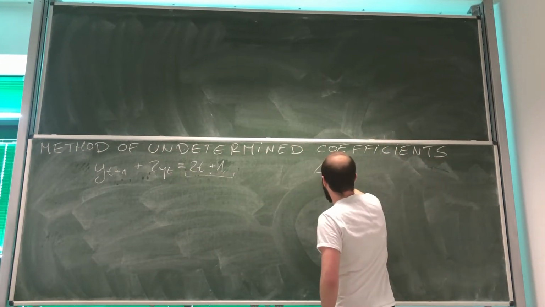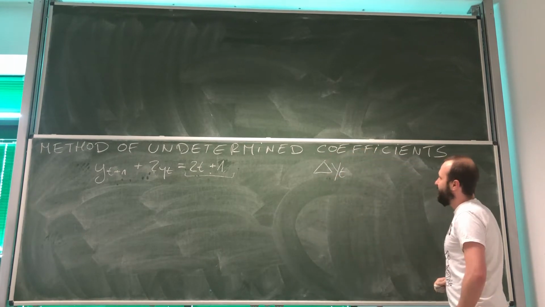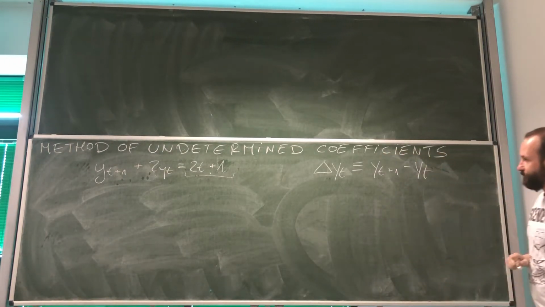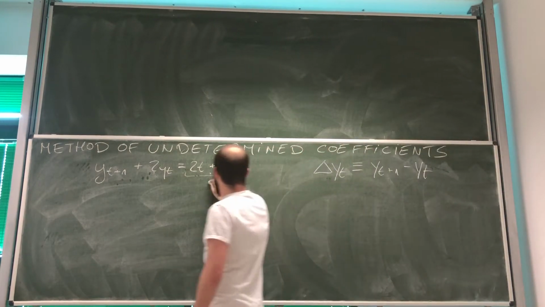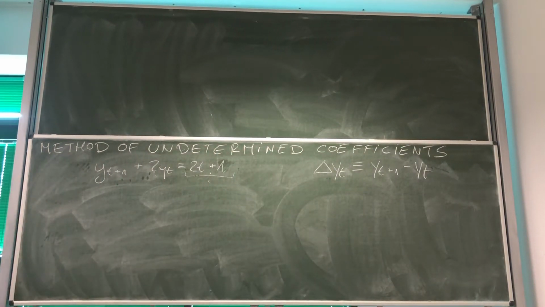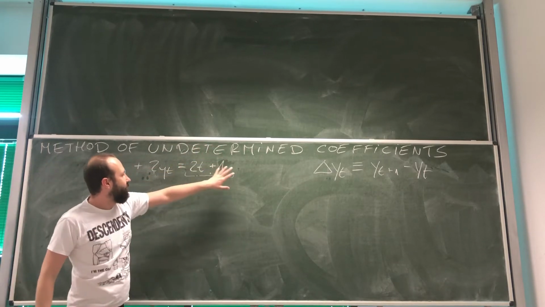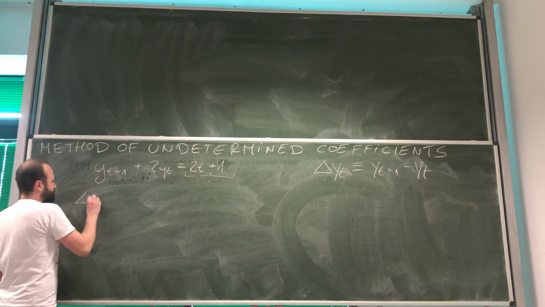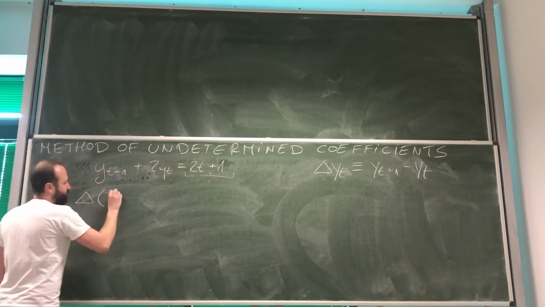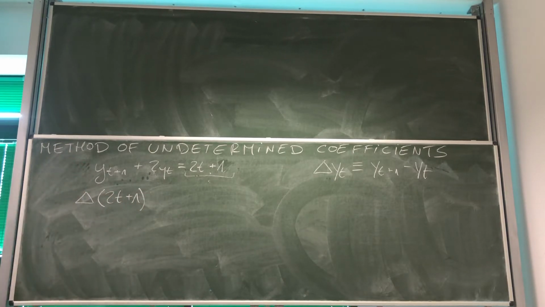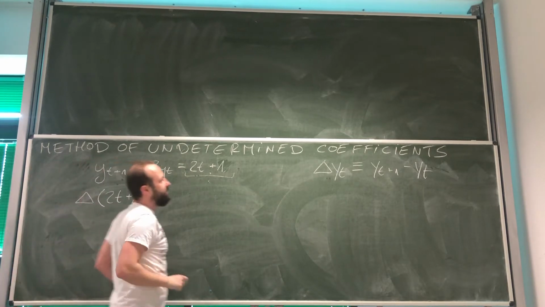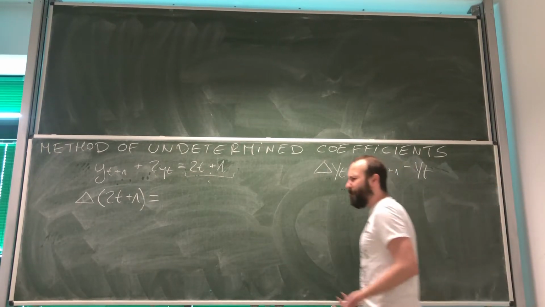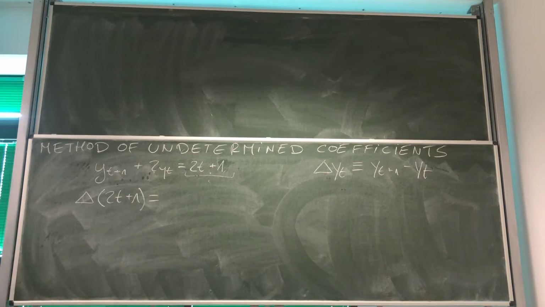Let me just remind you that we defined that difference yt is by definition equal to yt plus 1 minus yt. And what we're going to do now is to calculate the difference of the function of the variable term in this difference equation. So how do we go about it? Well, we need to calculate the first difference. Before we actually use this formula, let me say that when we apply differences, we do it more or less like we apply derivatives.